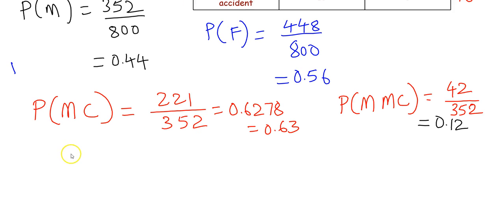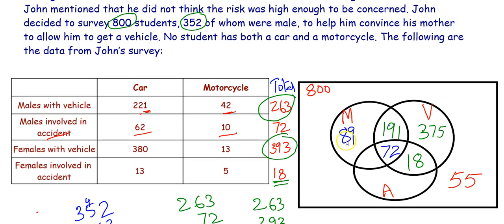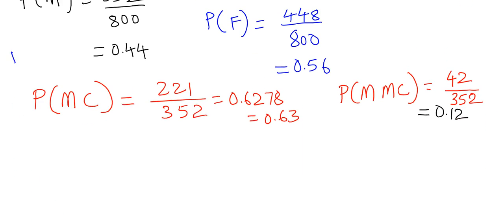We have here how many students do not own a vehicle. From the previous slide, we have these 89 males. They don't own either a car or a motorcycle. So I'll write 89.